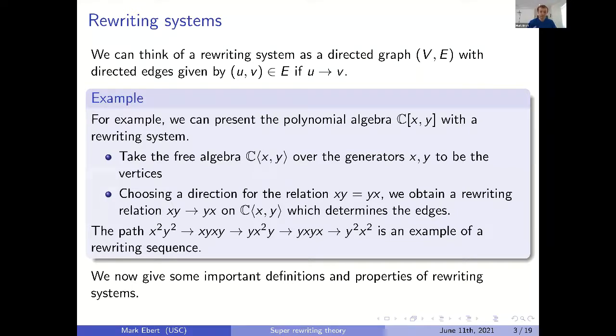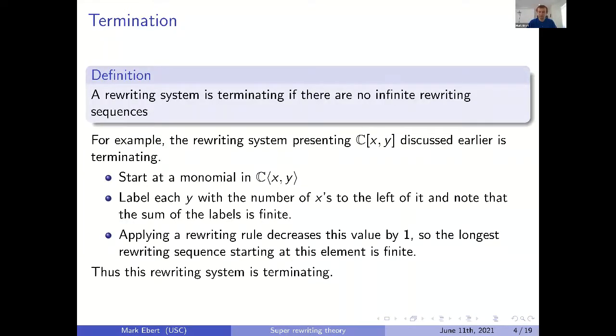Let's talk about some important definitions and properties of rewriting systems that we'll need for basis results. So first is termination. A rewriting system terminates if there are no infinite rewriting sequences.